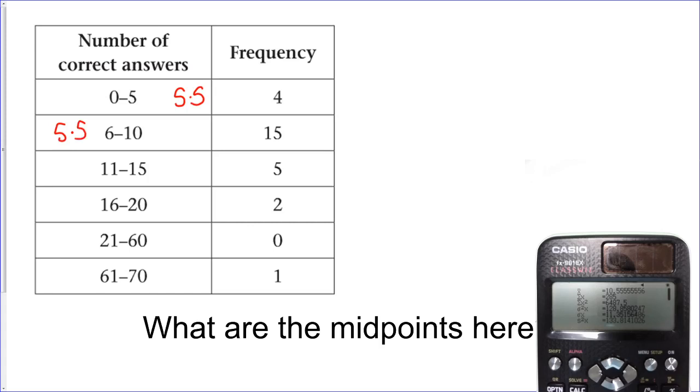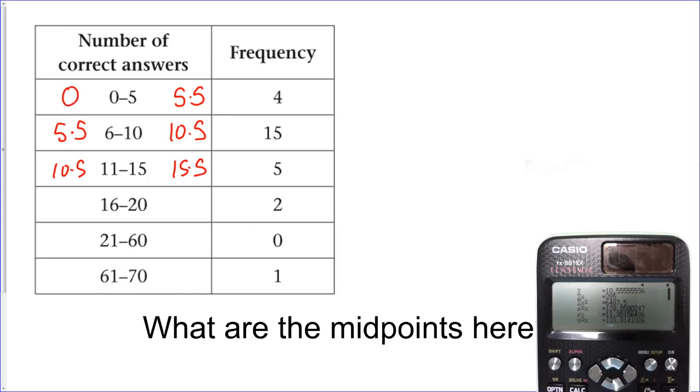I know it seems a bit weird to have an idea of there being a decimal number of class boundaries and having half a correct answer, but this ends up giving it a better approximation for the median. So this one is going to use 10.5 and 10.5 and 15.5. The lower boundary for this one is actually 0.